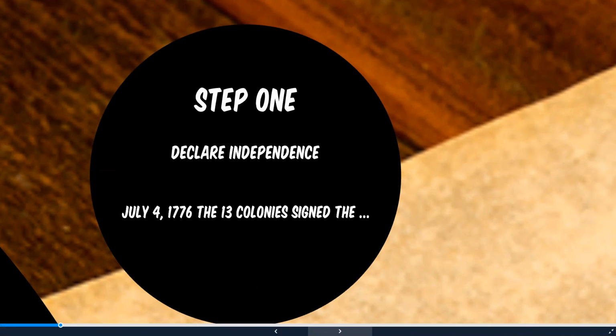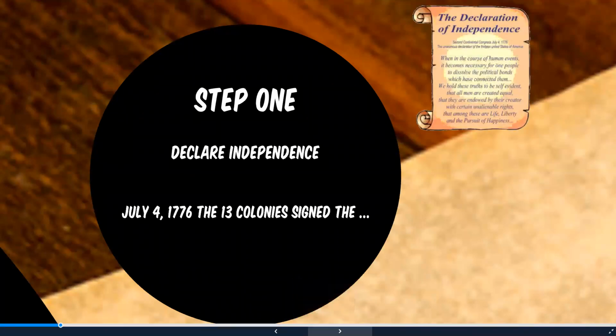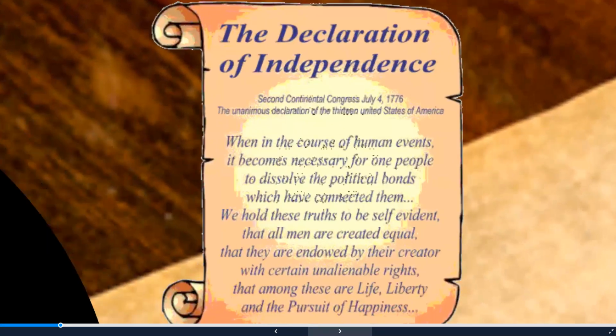We want to be our own country. We are declaring our own independence. And on July 4th, 1776, this is why we have the 4th of July, the 13 colonies signed, you guessed it, the Declaration of Independence.